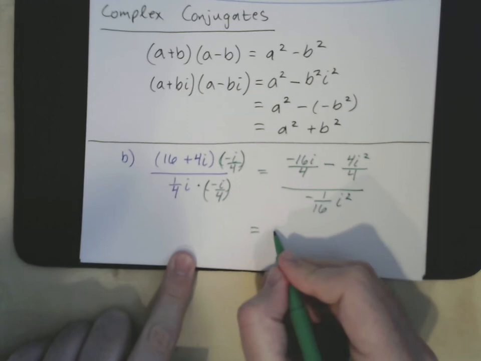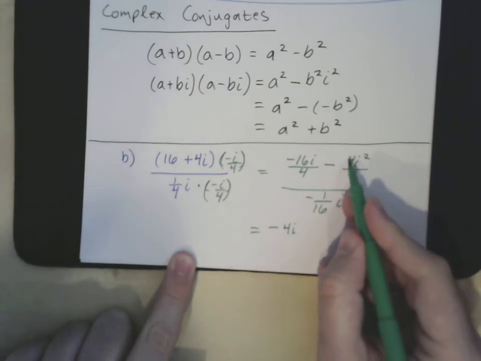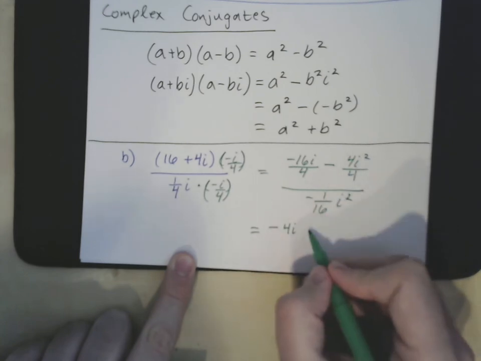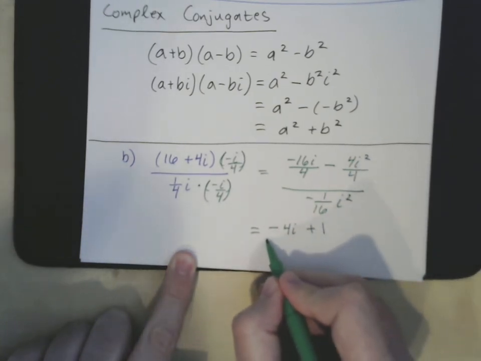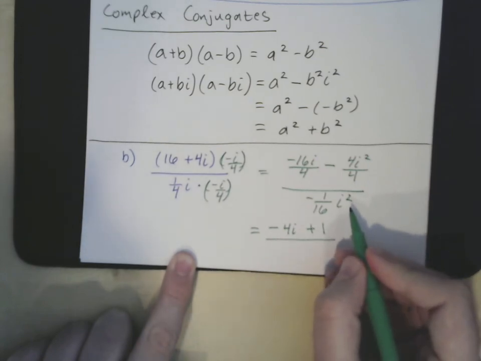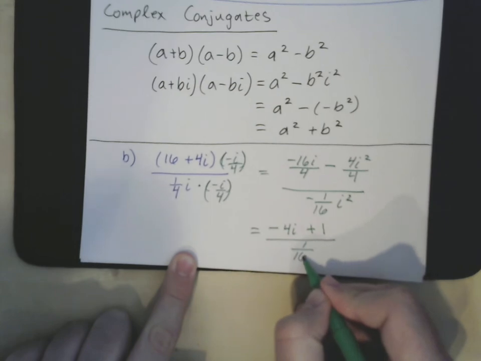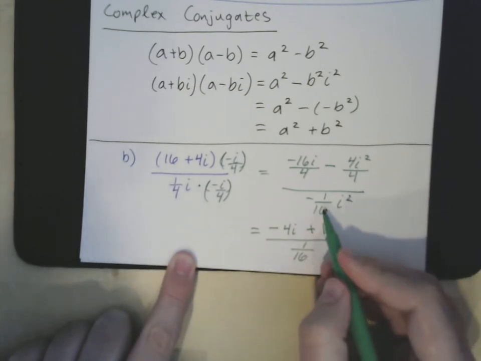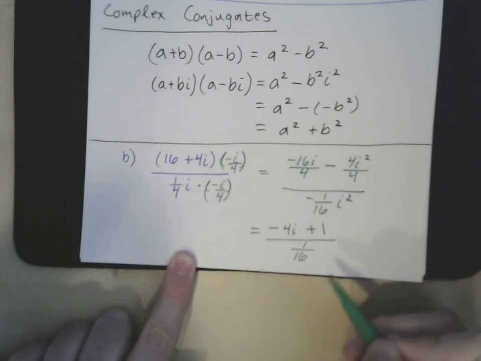So this gives us negative 4i. The 4's cancel, i squared is negative 1, plus 1, all over positive 1 over 16. i squared is negative 1 times the negative makes positive. 1 over 16 stays the same.